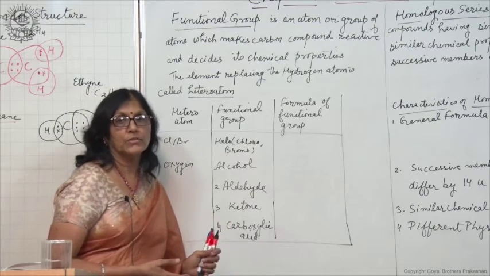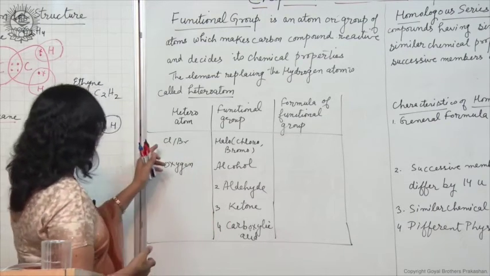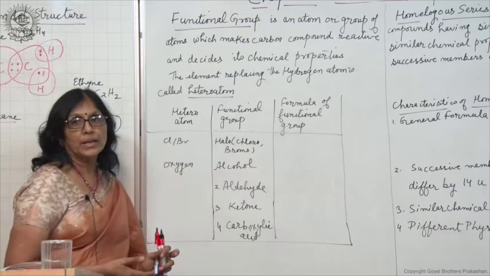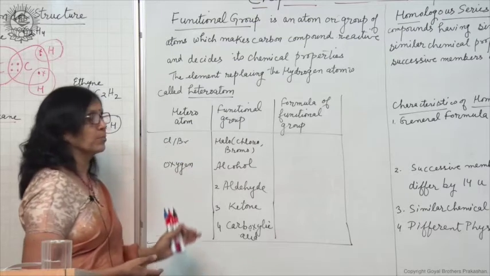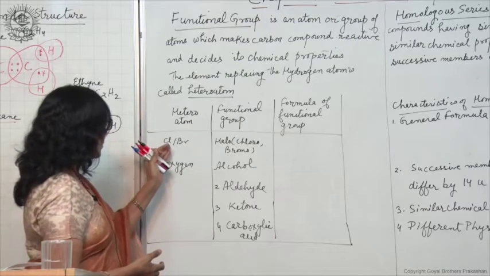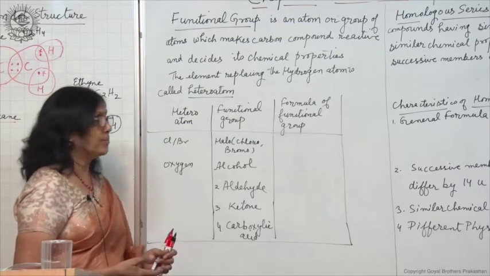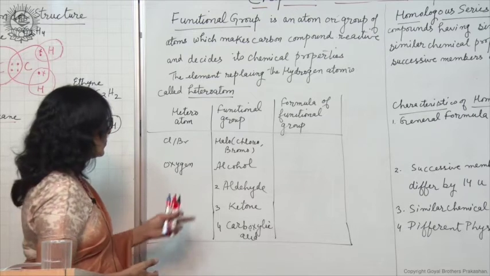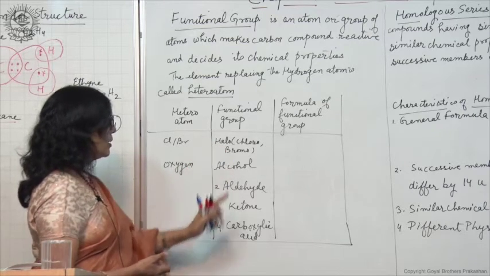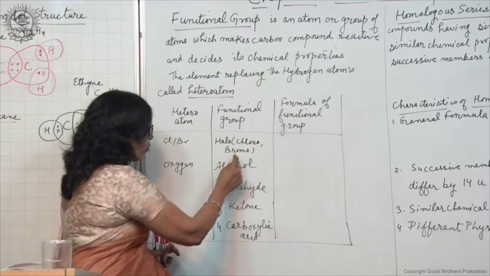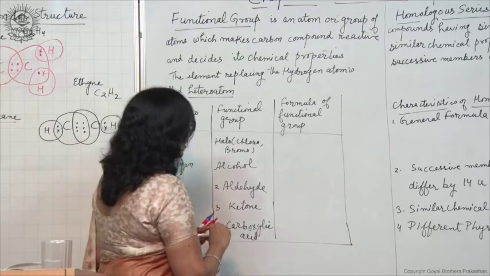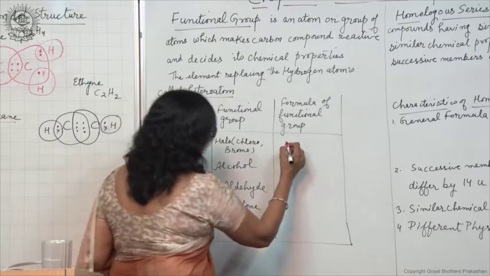So, some of the very important functional groups are: when a hydrogen atom is replaced by a halogen atom, it forms a halo group. Heteroatom is chlorine or bromine or iodine, it may be, or fluorine may be. The functional group is named as halo, and it is named as chloro, bromo, and the formula of the functional group is this.